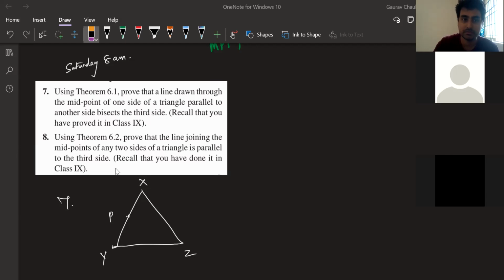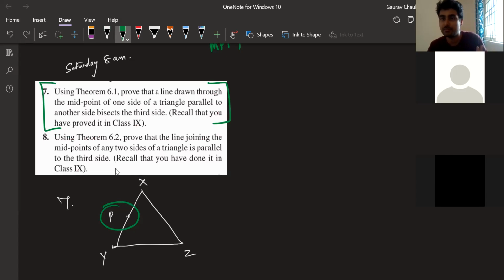So just to explain the question first, and then Riza can take it up. Just to remind you what it means. Here we have a line drawn through the midpoint of one side of a triangle, which means I know that P is midpoint. I'm drawing through this a line which is going through P, and it is parallel to another side.